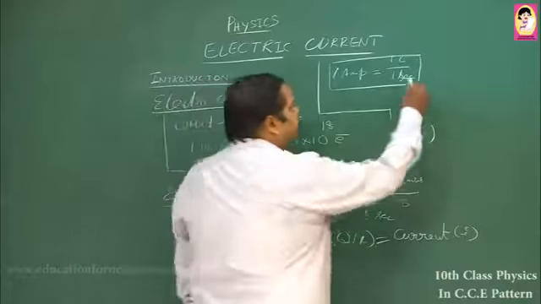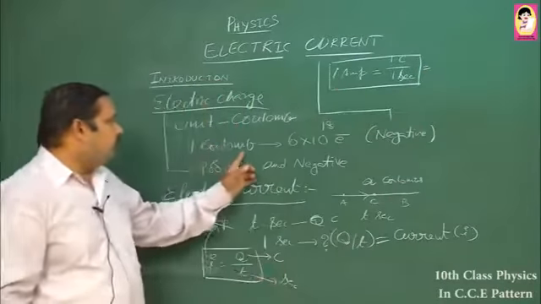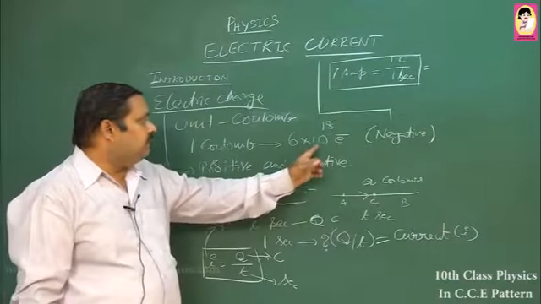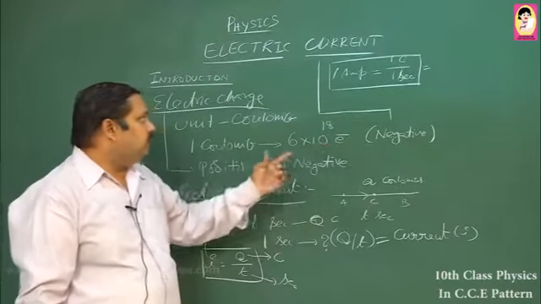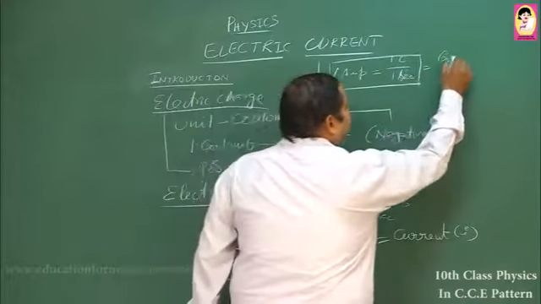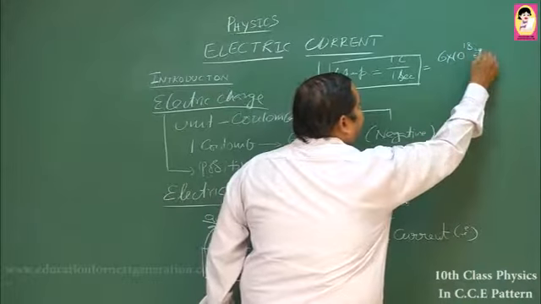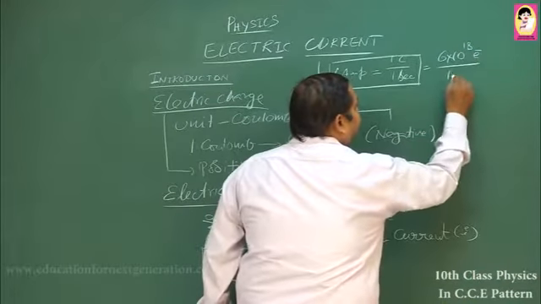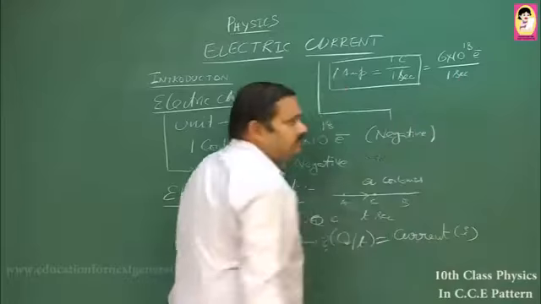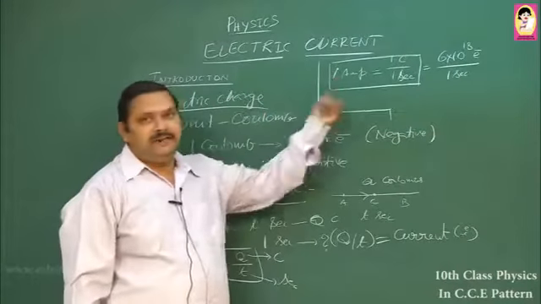Instead of taking 1 coulomb, what is the meaning of 1 coulomb? 1 coulomb is nothing but 6 into 10 to the power of 18 electrons. So, in the place of 1 coulomb, we can take 6 into 10 power 18 electrons in 1 second time, and it is the alternate definition for 1 ampere of current.